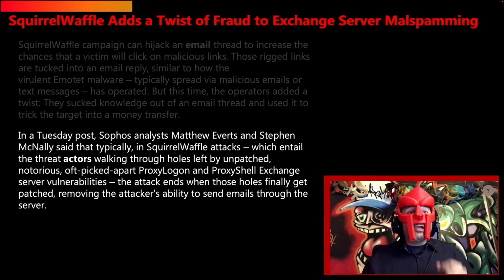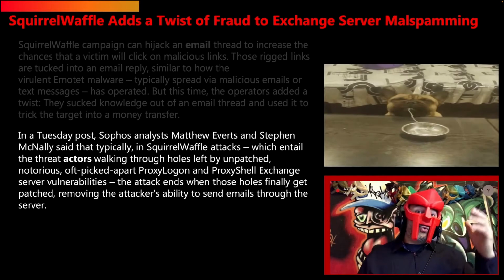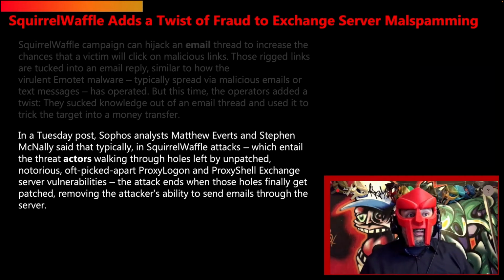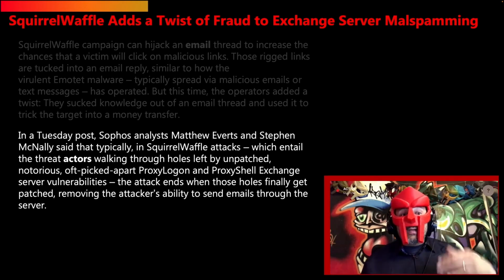In a Tuesday post, Sophos analysts Matthew Everts and Stephen McNally said that typically in a SquirrelWaffle attack, which entails the threat actors walking through holes left by unpatched, notorious ProxyLogon or ProxyShell Exchange server vulnerabilities, the attack ends with those holes finally getting patched, removing the attacker's ability to send emails through the actual server.